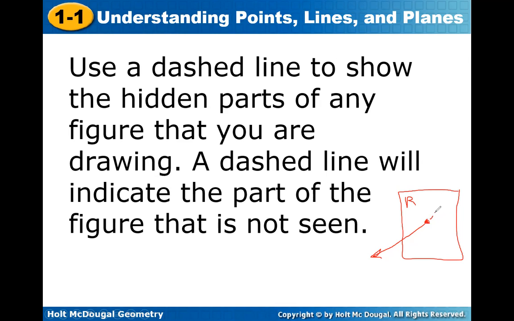And then I'm going to make a dotted line because that dotted line tells me that this is the back part of the line, okay? And once you have space to see the line again, then you can start drawing it out without the dotted line part. All right. So make sure you are making your figures correctly because they will really help you.